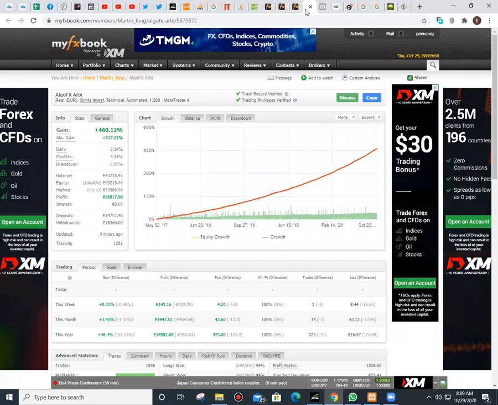Now this one, if you ever see or hear a system that does not make sense, it's this one. And it doesn't. Why? Because look at this graph, look at the drawdown, and look at the gain.